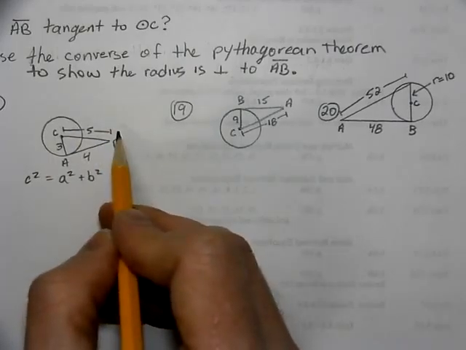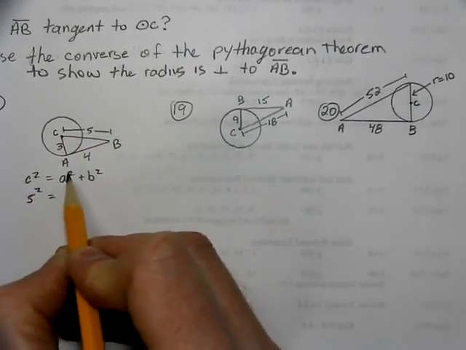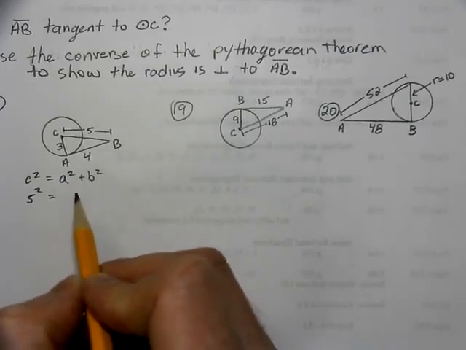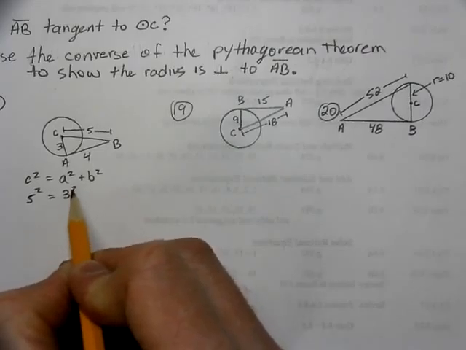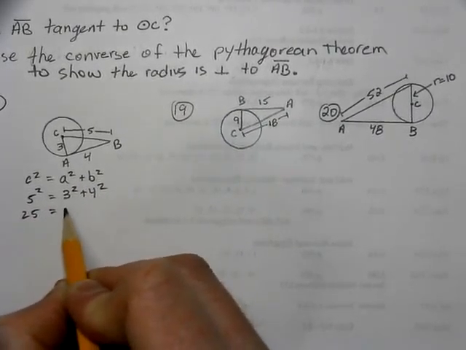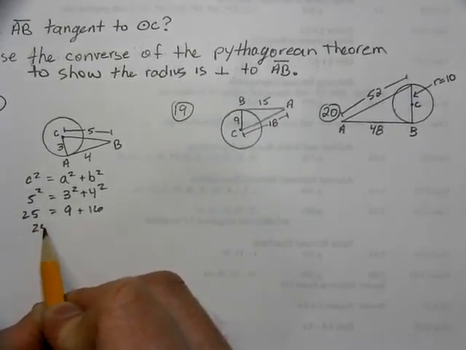C squared being our hypotenuse, so that would be 5 squared. The A and the B are going to be the legs of our right triangle, so 3 squared and 4 squared. You may have noticed that the numbers 3, 4, 5 make a Pythagorean triple.